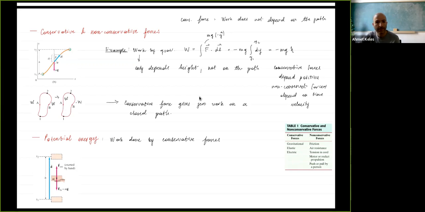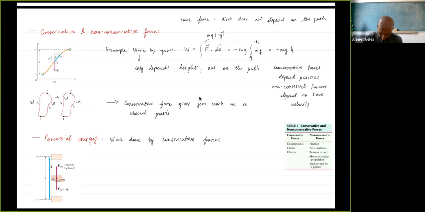If it is gravity, it's gravitational potential energy. If you are talking about a spring, there's a spring potential energy. But if you are talking about a non-conservative force, there's no potential energy related to that.